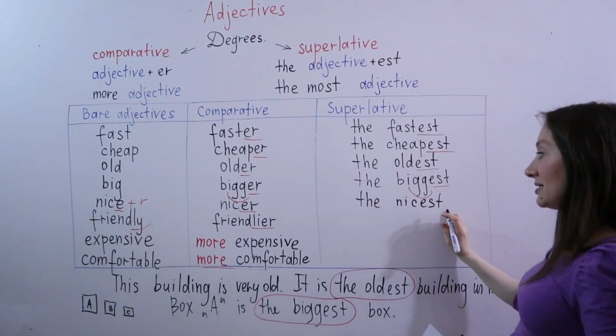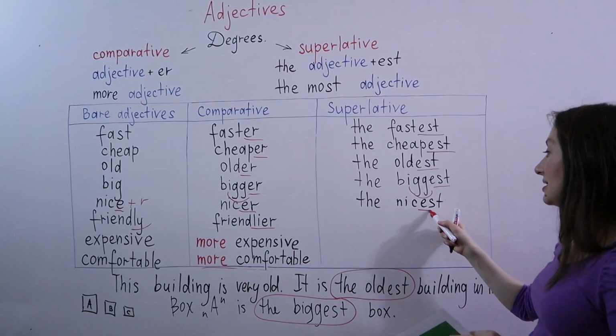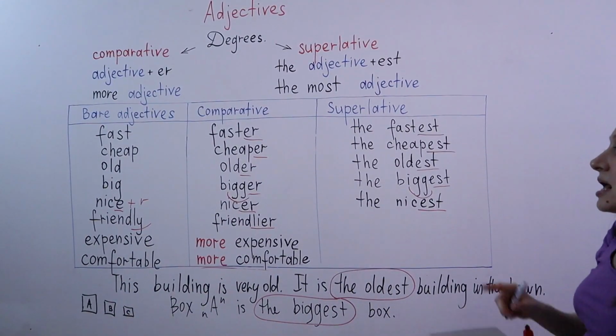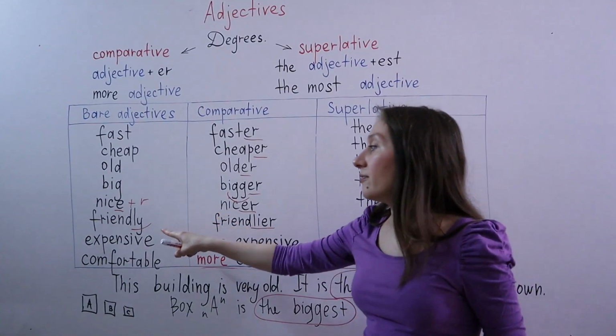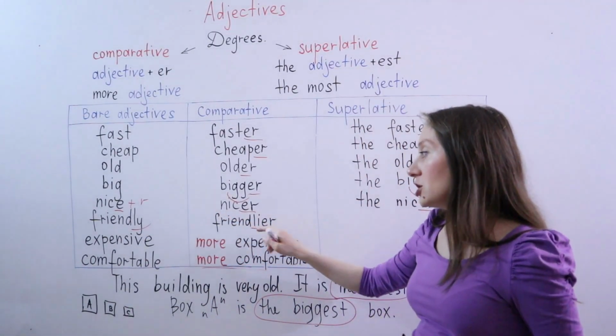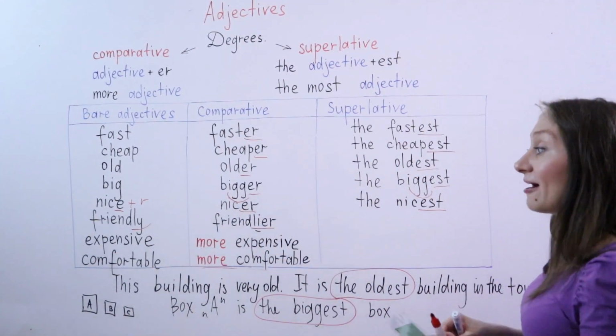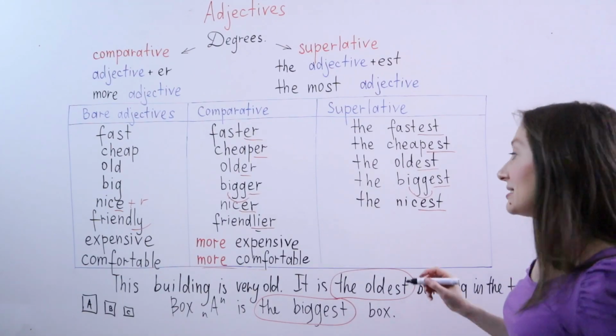So the same EST, you don't add extra E, right? Nicest. All right. And one more adjective. Friendly, friendlier. You remember Y change into I. The same rule applies here. We have the friendliest.